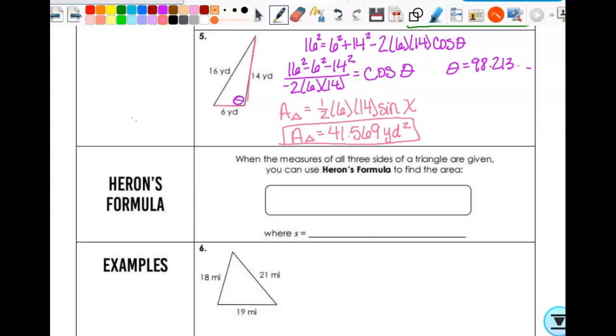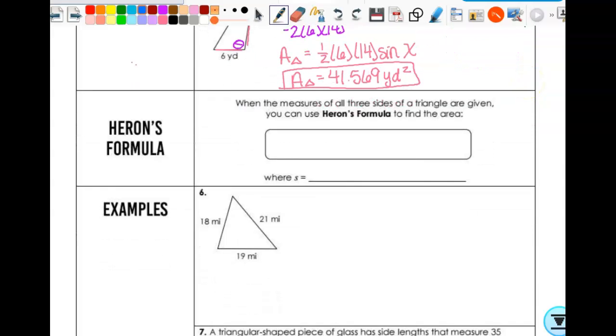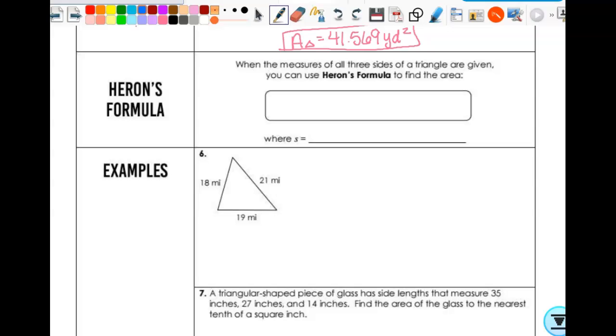So let's talk about Heron's formula. It doesn't even require trig. It says when the measures of all three sides of a triangle are given, side, side, side, you can use Heron's formula for the area. Heron's formula requires an S, which is equal to 1/2 times A plus B plus C. If I just did A plus B plus C, what information does that give me?